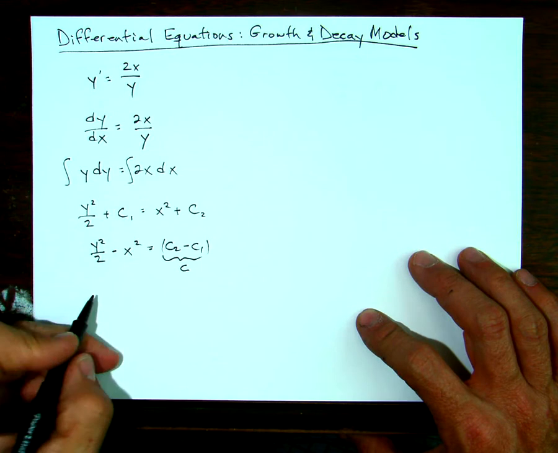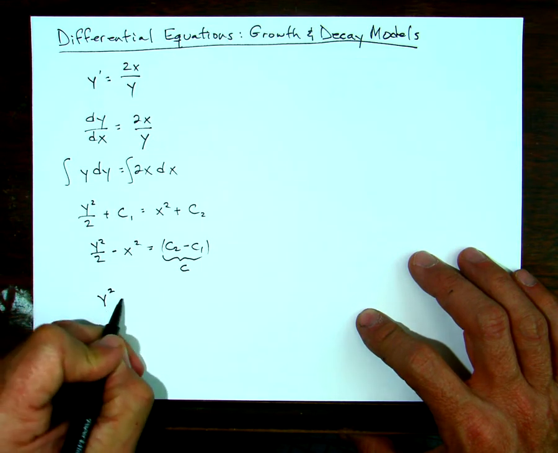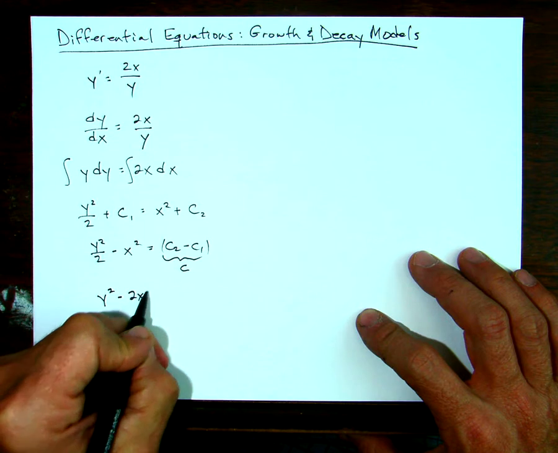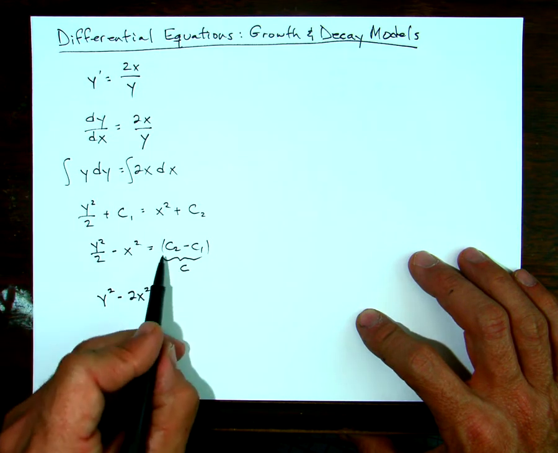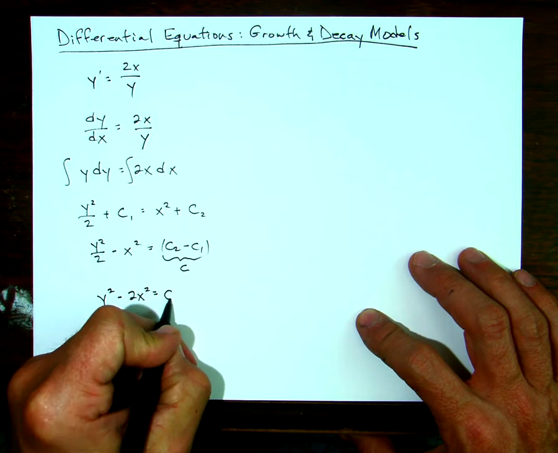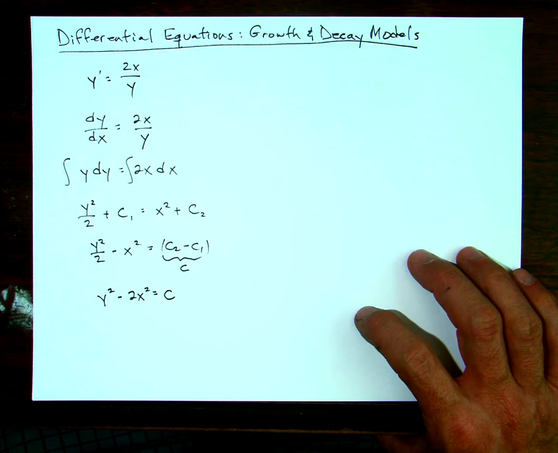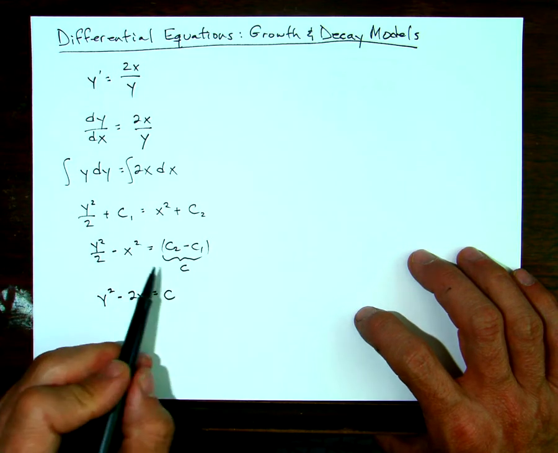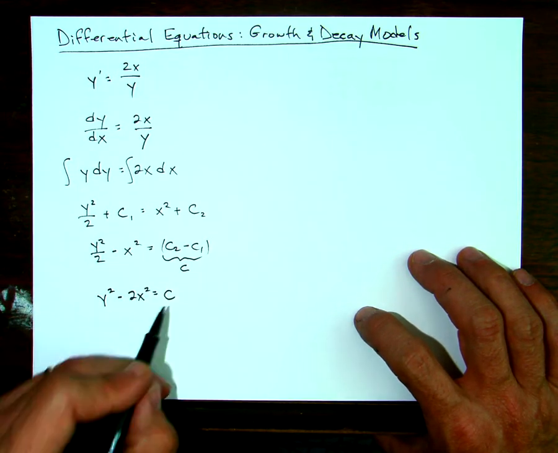So if I multiply through by 2, I end up with y squared minus 2x squared equals 2c, but in the same way that I could write c2 minus c1 as c, I can write 2c as just c. Because it's an arbitrary constant, it doesn't really matter if we find the difference between two of them or multiply them by a number or divide them by a number. It still can just be rewritten as an arbitrary constant.